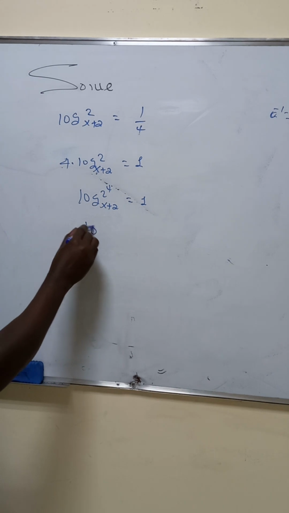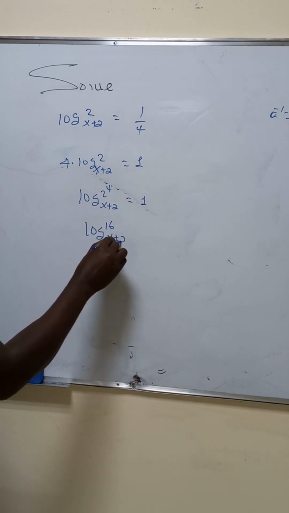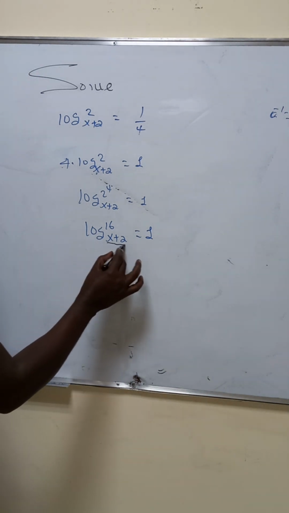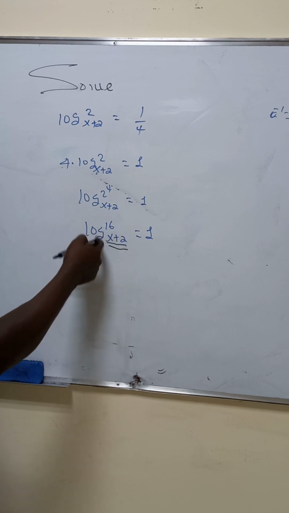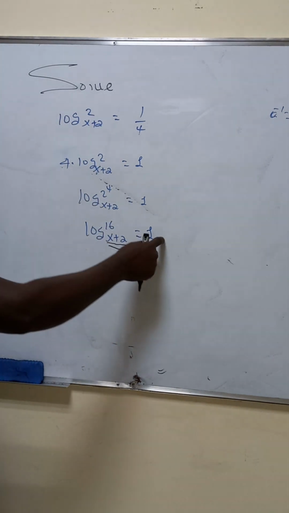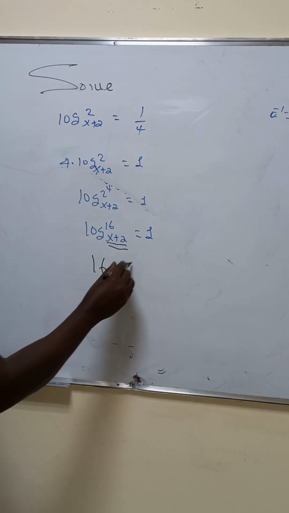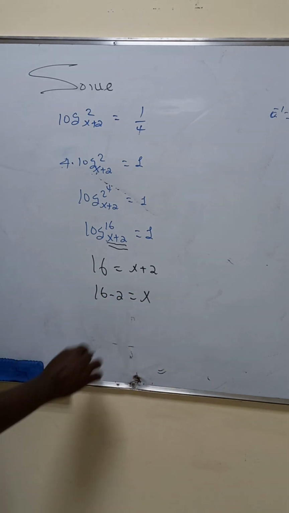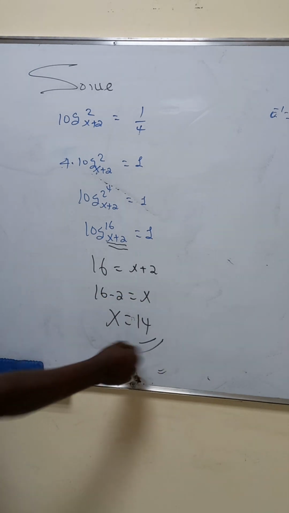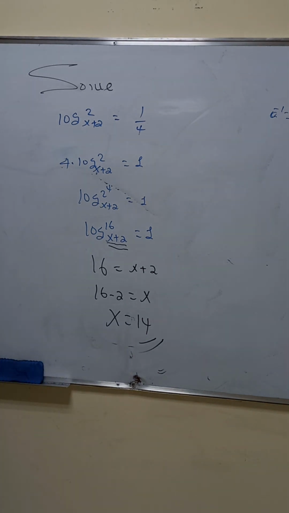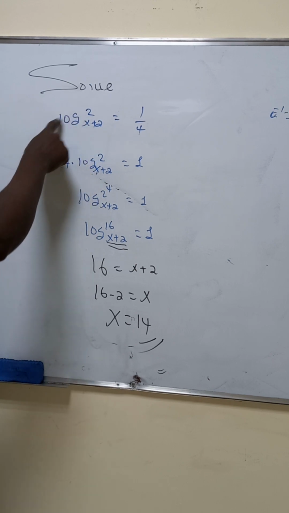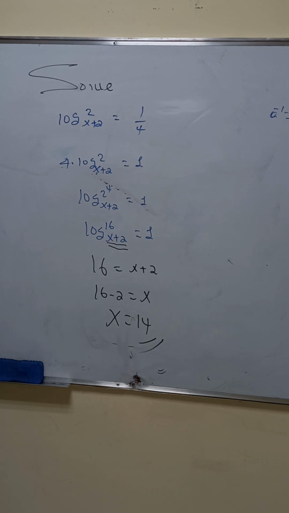That means the logarithm of 16 to the base x plus 2 is 1. So 16 is equal to x plus 2, and 16 minus 2 will be x. So x will be 14. To check, if we plug in 14, we get 16, and log 2 to the base 16 is absolutely 1 over 4.